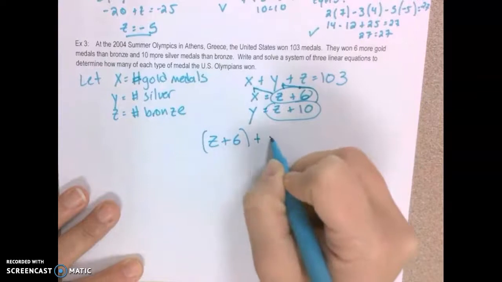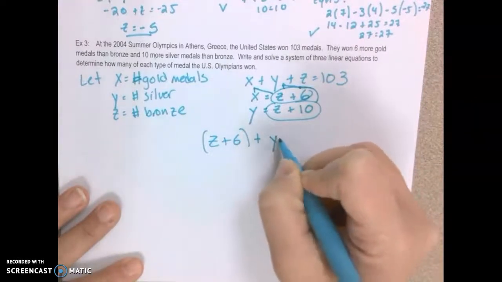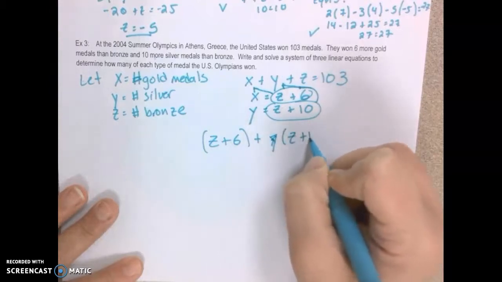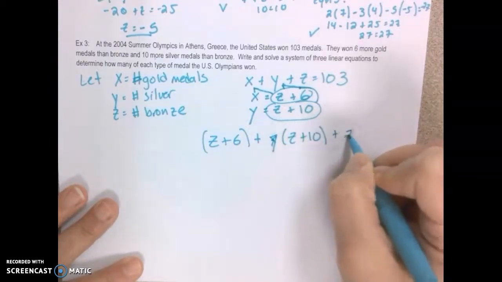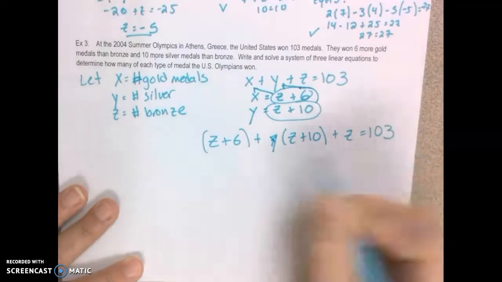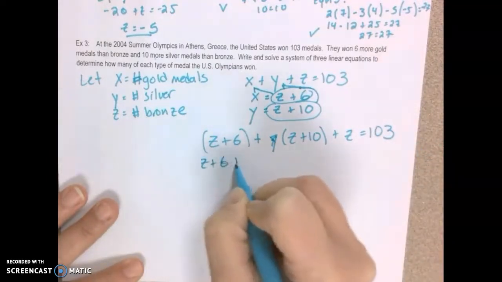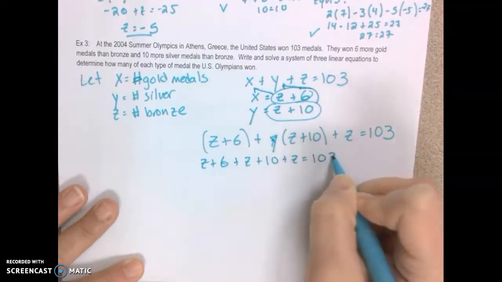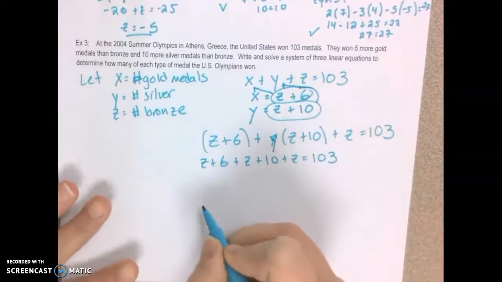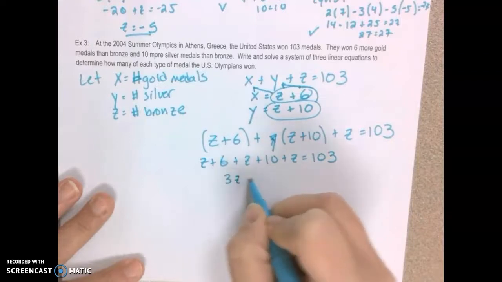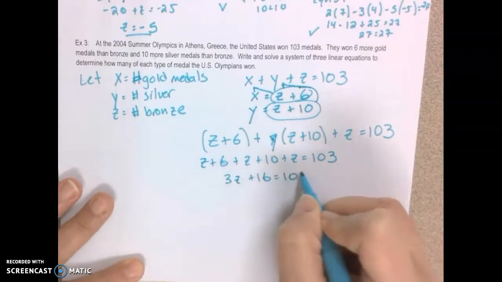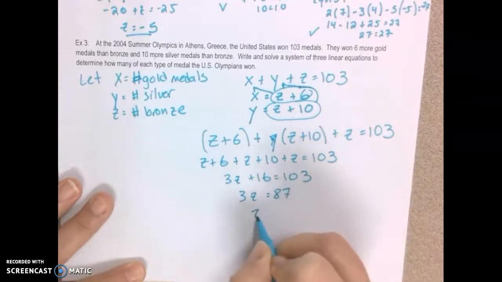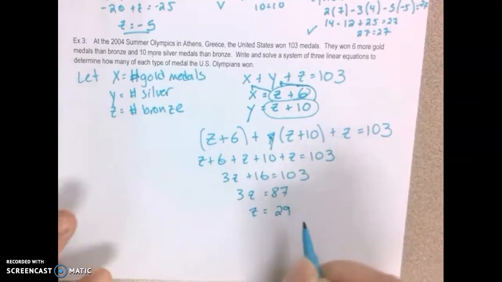And then I've got a y, and, oh, whoops, it equals z plus 10, and now plus z equals 103. So z plus 6 plus z plus 10 plus z equals 103. Combine like terms, and 3z plus 16 equals 103. So 3z equals 87, z equals 29.